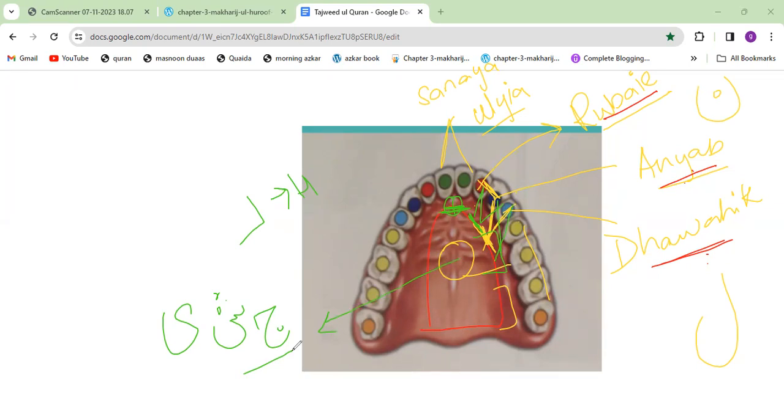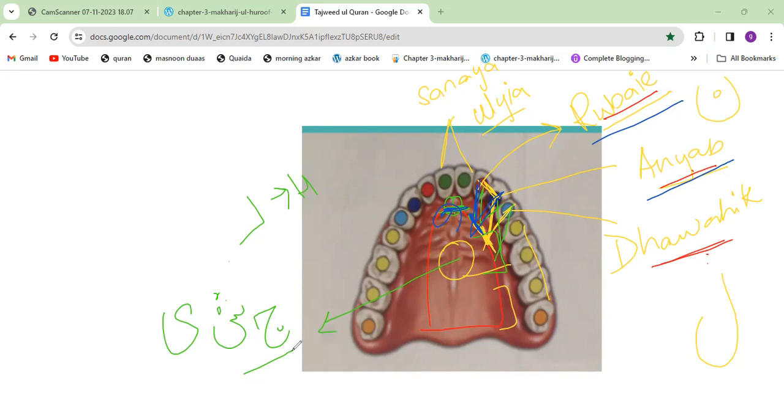Now connect the part that is present before this one, the one that is closer to the tip of your tongue, and now connect it with the second last and the third last teeth, like the rubai and the anya. And say it, noon. Pronounce it, noon. And then use the tip of your tongue and fold it backwards just behind your front two teeth and pronounce raw. If you're going to fold it backward, the raw is going to be heavier.